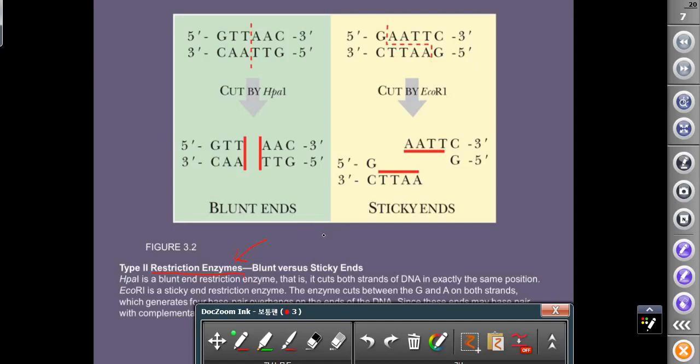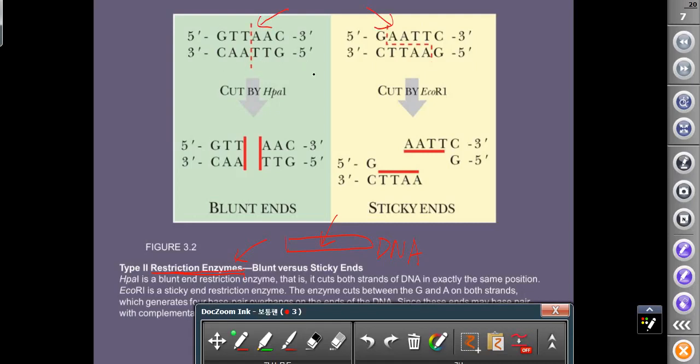Without them, you cannot manipulate the DNA. Why? Because they can cut the DNA. This is the DNA, and they can cut and reseal. All right, so these restriction enzymes can cut the DNA in two fashions.